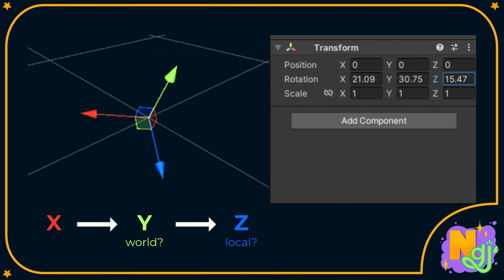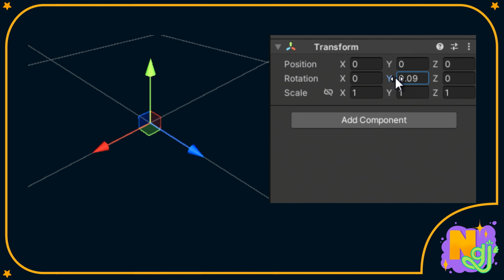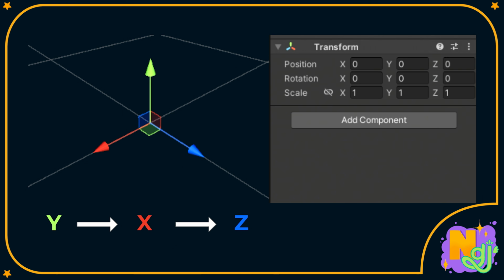For the first rotation, it doesn't matter if it's world or local, because they align. If we do y and then x, they're both local space, and then z is also local space. So now they're all just local.